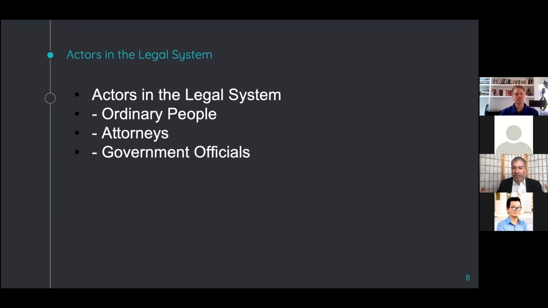It's the courts, the state and federal judges, and then it's the local police and other law enforcement authorities who are enforcing the law. What distinguishes government officials from these other groups is that they're empowered to interpret and enforce the law. And ultimately, at the end of the day, it's government officials' interpretation of law that matters.